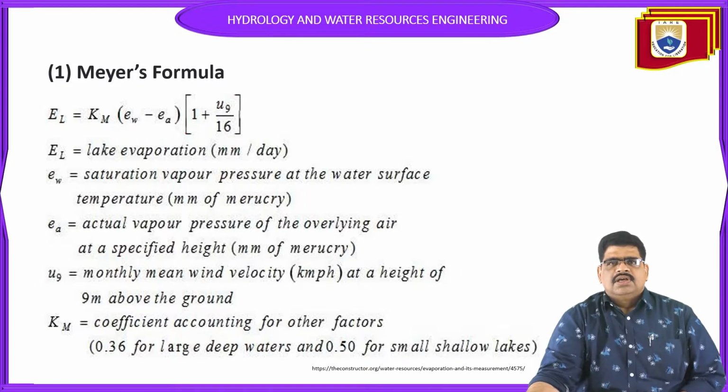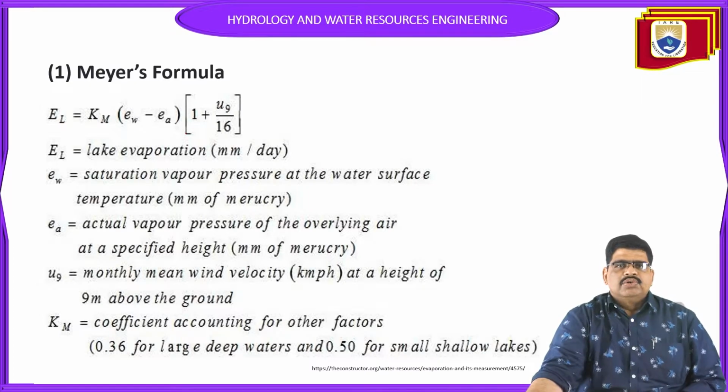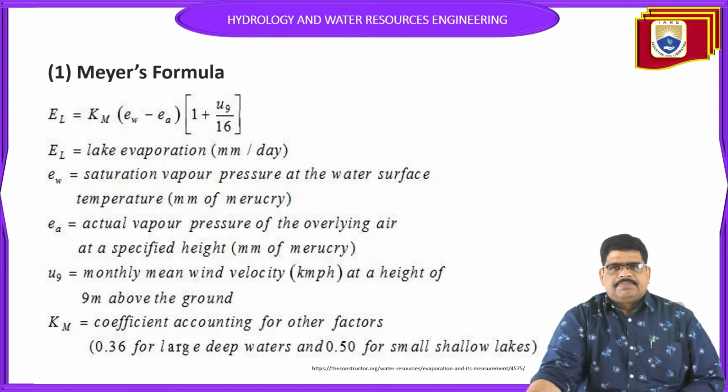Next, EA is the vapor pressure of the overlying air at the specified height in mm of mercury. Next, U9 is the monthly mean wind velocity in kilometers per hour at a height of 9 meters above the ground. The next one is Km, the coefficient accounting for other factors. It is taken as 0.36 for large deep waters and 0.5 for small shallow lakes.